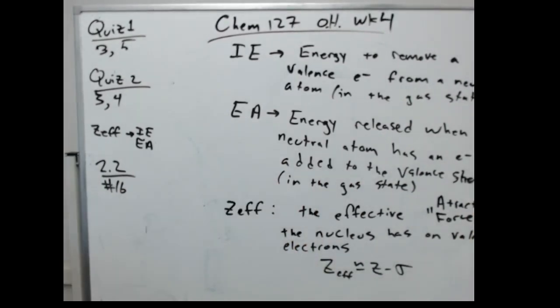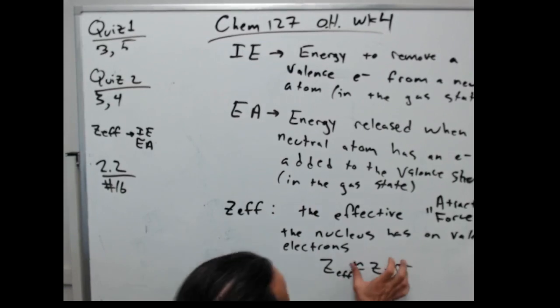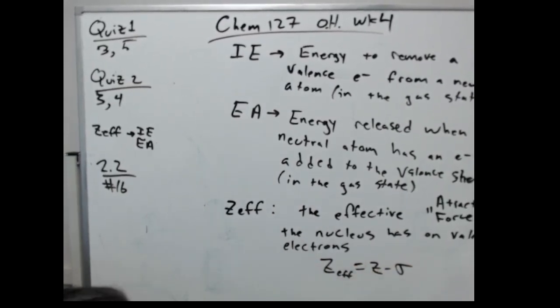Right, because the nucleus attracts electrons in, and it is exactly equal to Z minus sigma. The part that's approximate is that I've been telling you sigma is approximately equal to the number of core electrons. It's not exactly equal to the number of core electrons, but it's pretty close.